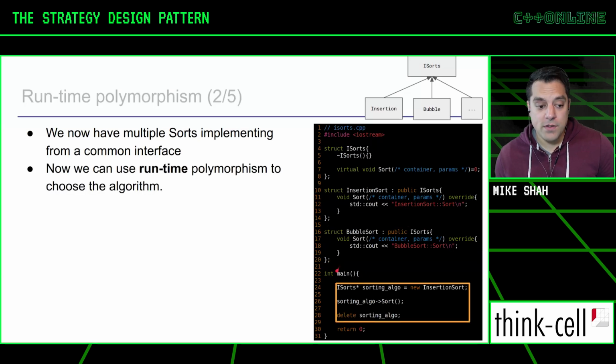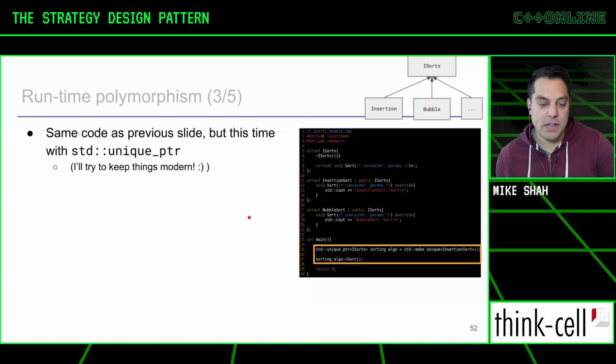Now we can actually use, looking at the bottom right here, runtime polymorphism to select while our program's running and allocate different sorting algorithms as we need here. Okay. So again, what's being shown at line 24 is I'm just allocating some type of sort here and then choosing insertion sort, calling the sort, and then we can delete it or clean it up or whatever we need to do here.